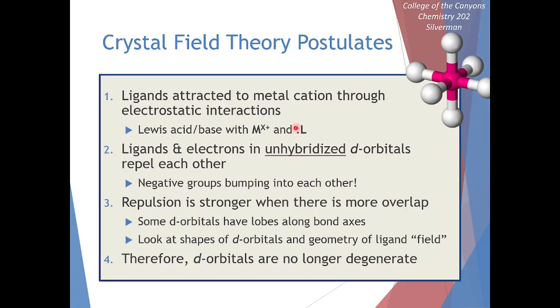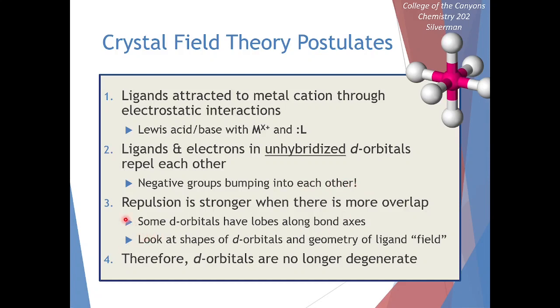On our ligand, we have a lone pair of electrons coming in to bond to that metal. The electrons on our metal and the electrons on our ligand are going to repel each other. Right? Opposite charges attract, like charges repel. If we have two groups of electrons coming in contact, they are going to be unhappy.